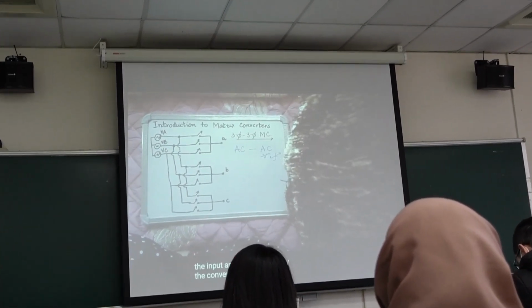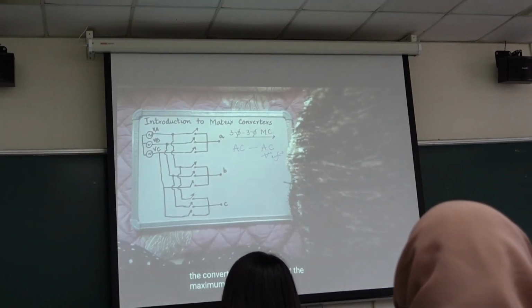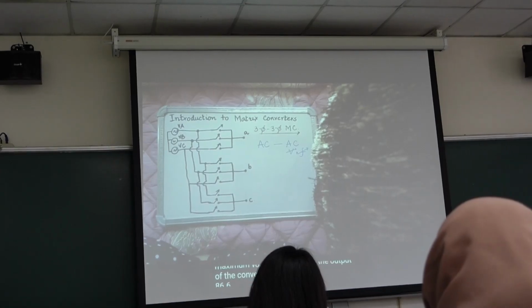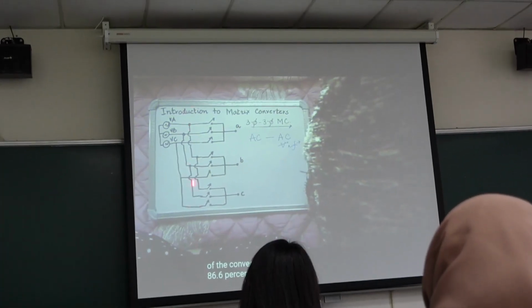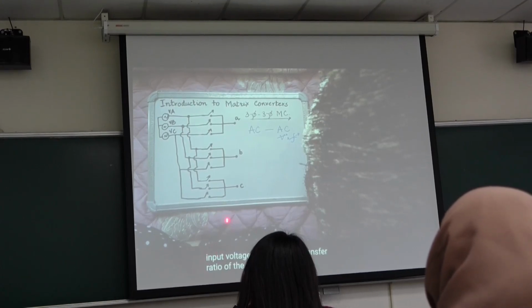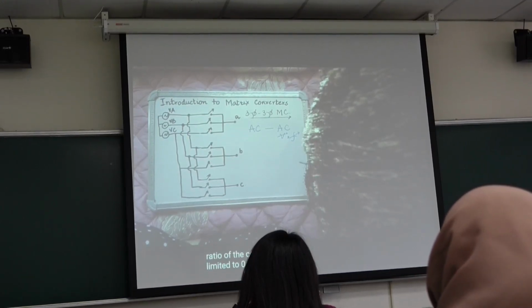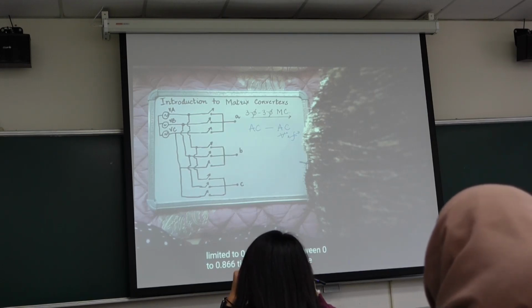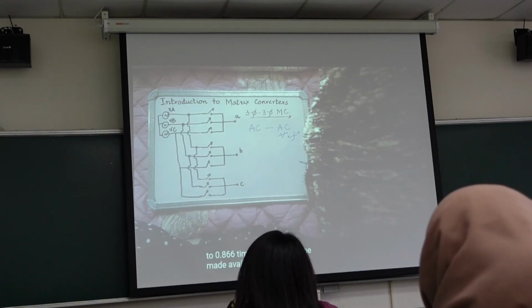The condition is that the maximum voltage available at the output of the converter is only 86.6% of the input. So the voltage transfer ratio is limited to 0.866. Anything between 0 to 0.866 times the input can be made available at the output.